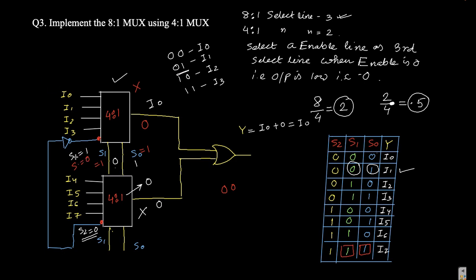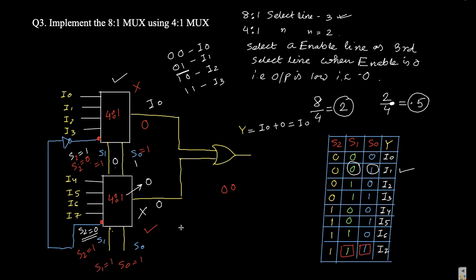So this becomes S2. When S2 is 0, in this multiplexer, this is nothing but S2 becoming 1. It means that this multiplexer works, and the inputs S0 is also 1 and S1 is also 1.